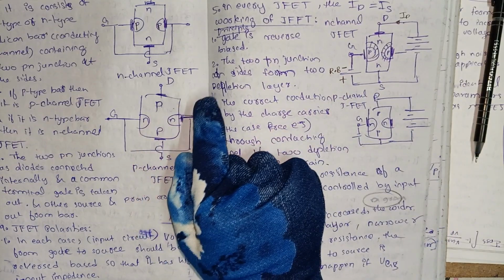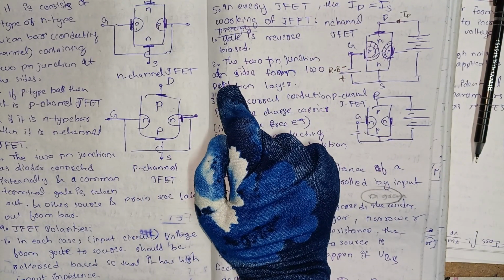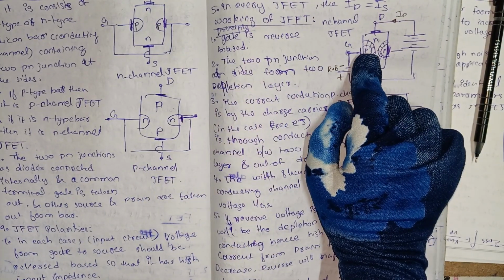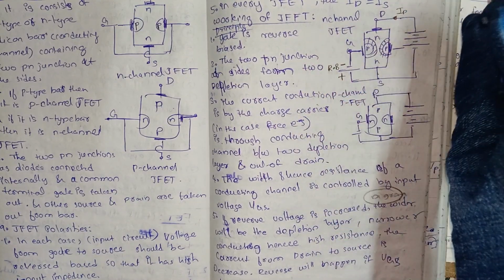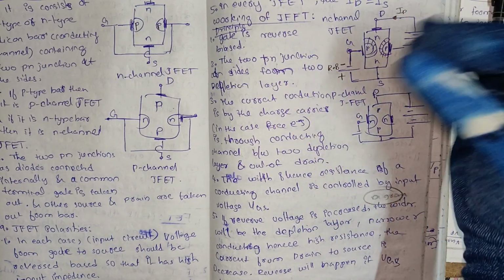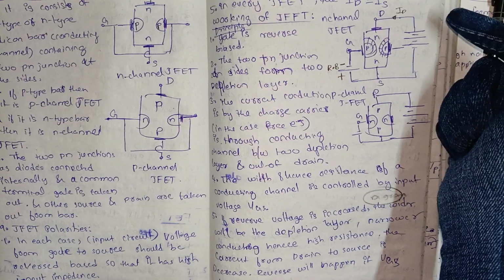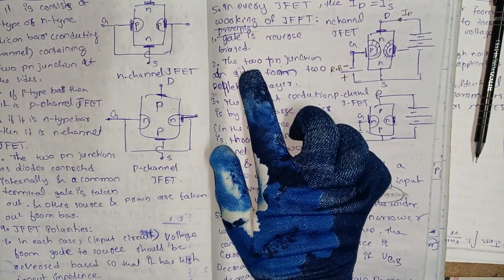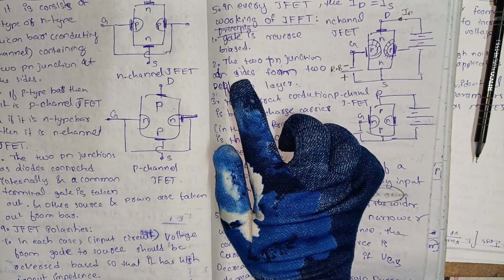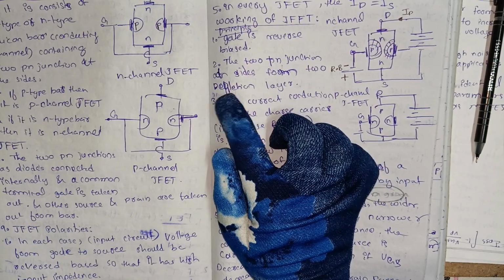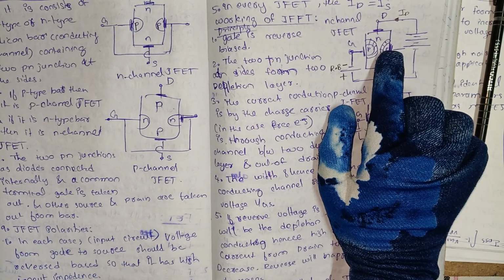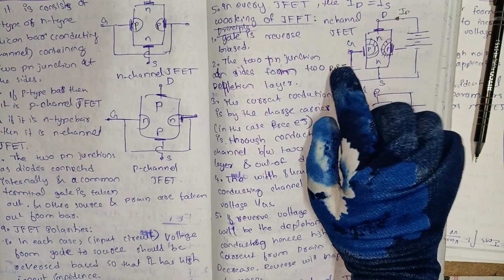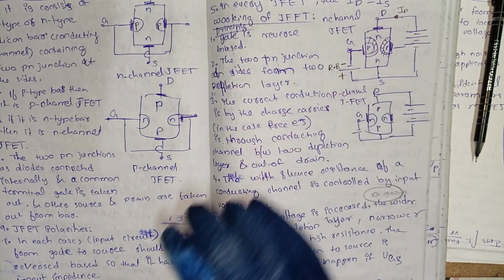Here the gate is of P-type material and the drain and source are N-type materials connected to an N-type bar. So the two PN junctions form two depletion layers because of this reverse bias voltage.